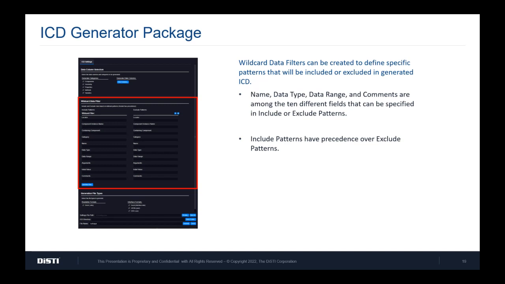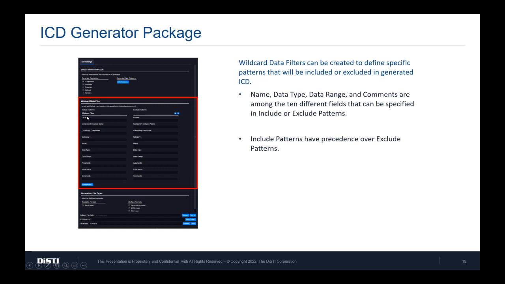So now let's talk a little bit more about the wildcard data filters. These data filters can be created to define specific patterns that will be included or excluded in the generated ICD. Some of the different fields that you have the option of defining include or excludes for are the name, data type, data range, and comments.